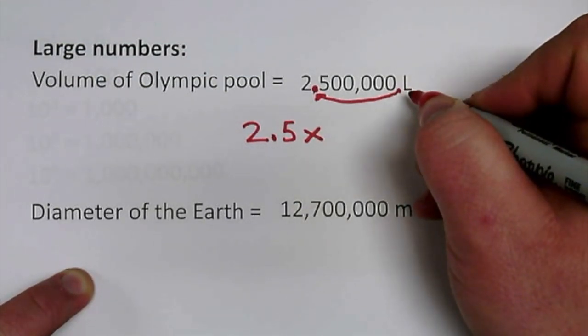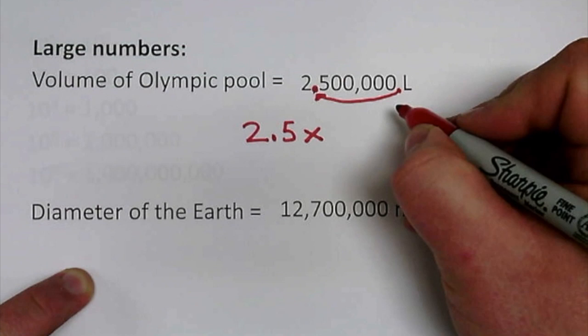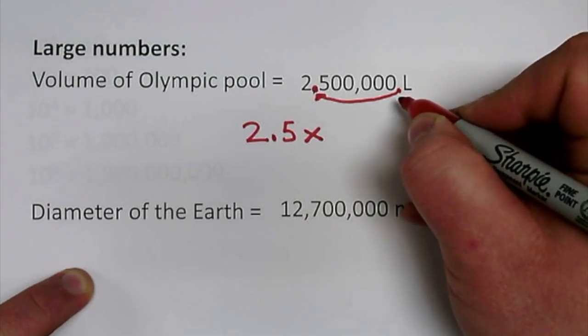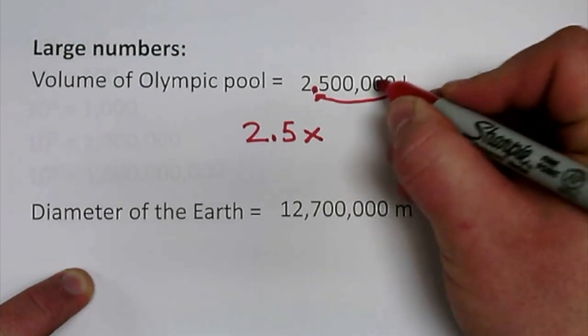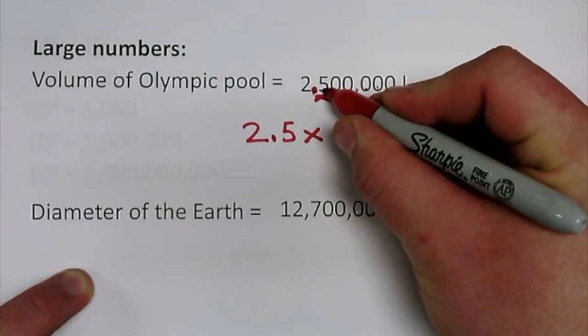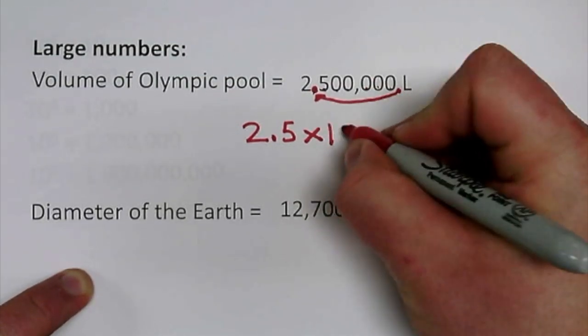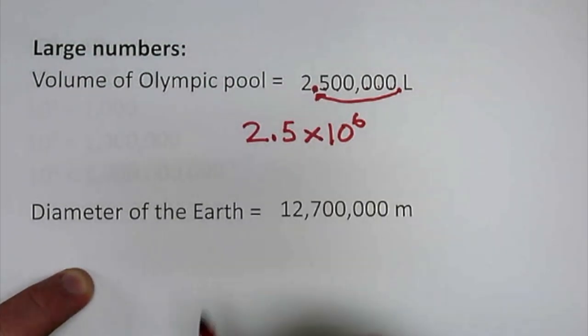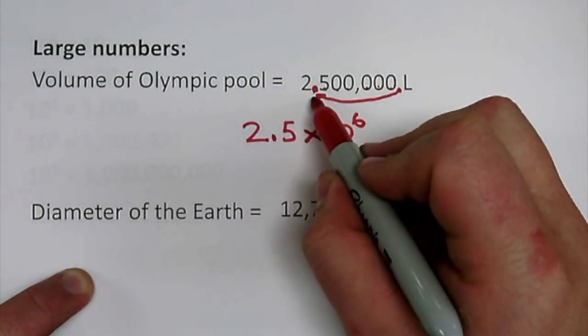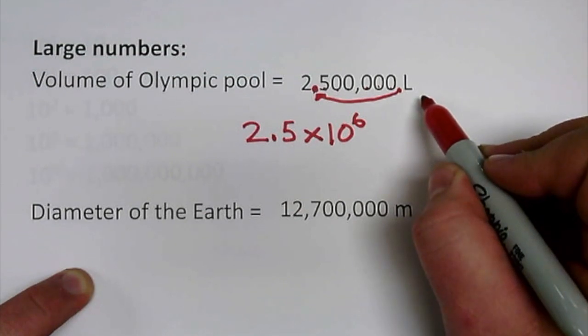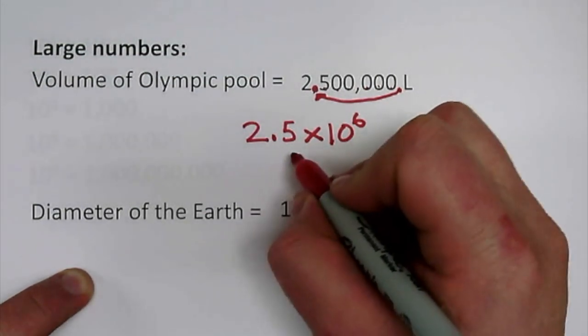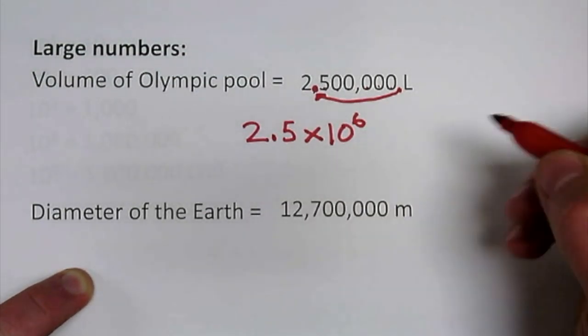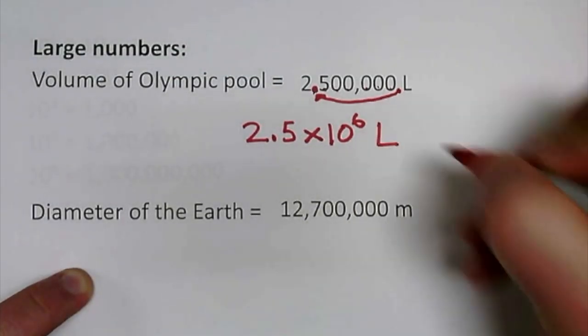So you can figure that out, how many I removed, by just counting how many places I actually moved the decimal. So I moved it 1, 2, 3, 4, 5, 6 places. So I'm going to times it by 10 to the power of 6 because I basically removed a million. So this is 2,500,000 liters, or I could say it as 2.5 times 10 to the power of 6, or 2.5 million liters.